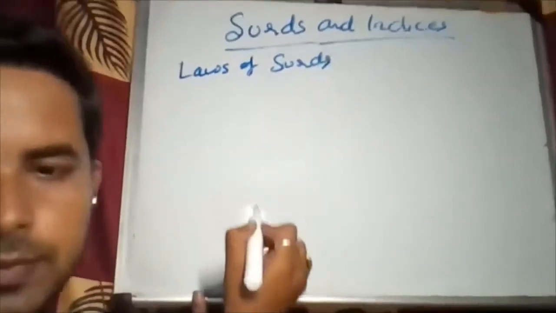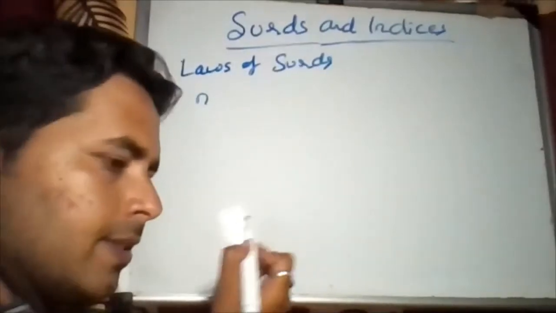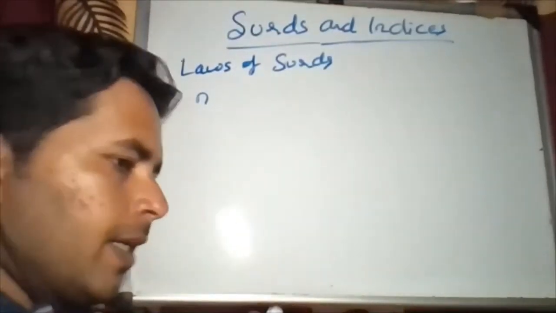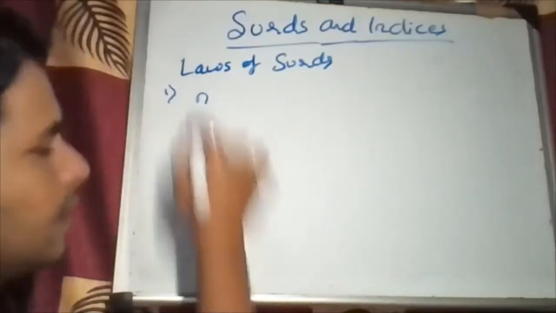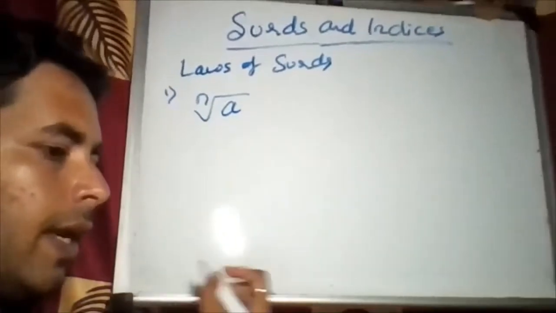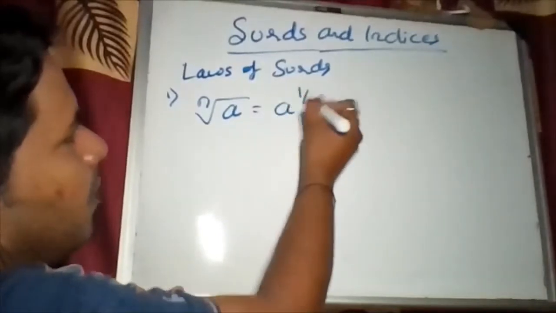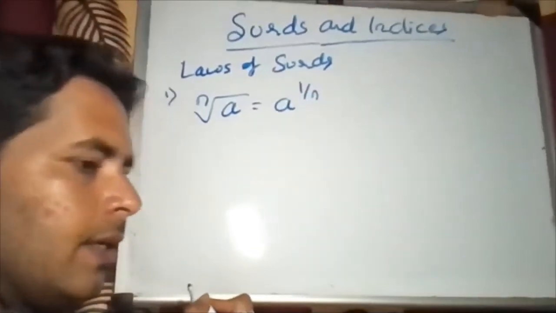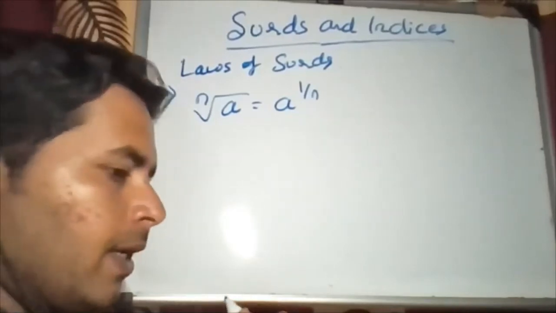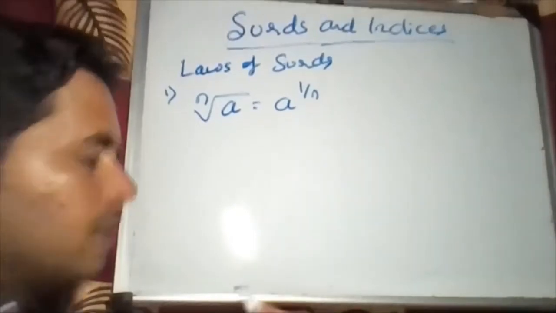So the first law will be, if n is a positive integer and a is a rational number, and a raised to 1 by n is an irrational number, then this value will be called a surd. Okay, it is called a surd.